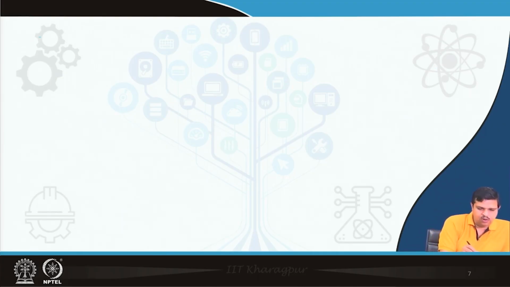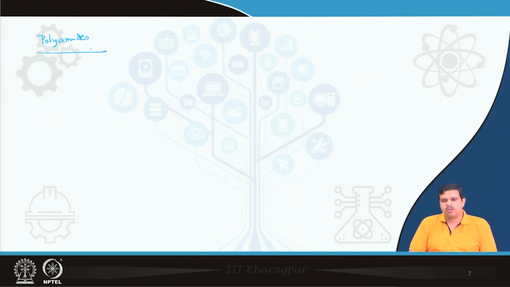Another polymer category is the polyamides. When I say polyamides, the first thing that comes to mind is nylon 66. It is highly used in the textile industry and other application domains.